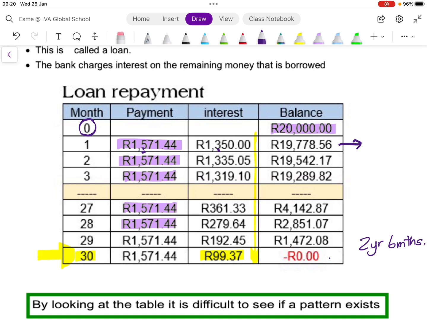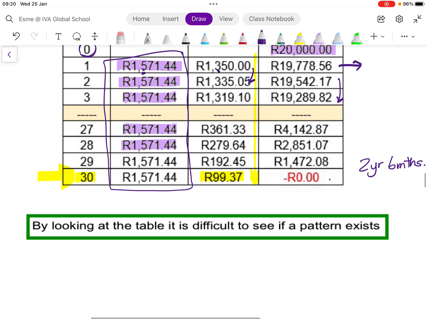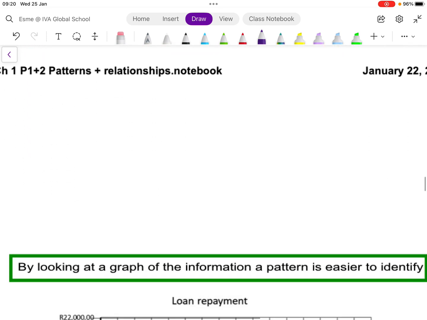Now looking at this table, the only pattern that we can see basically is that the payment is the same. These decrease at different values. These decrease at a different rate. So from this, we cannot see that there is any pattern. So therefore, we now need to draw a graph.